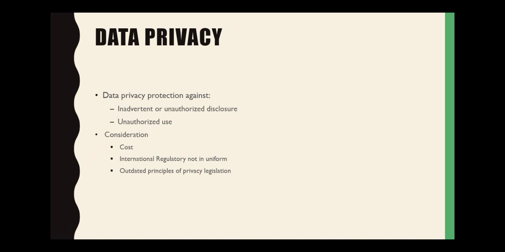And then the outdated principles of privacy legislation. Some researchers now argue that existing privacy legislation is based on outdated principles that require persons to possess information they are unlikely to have.